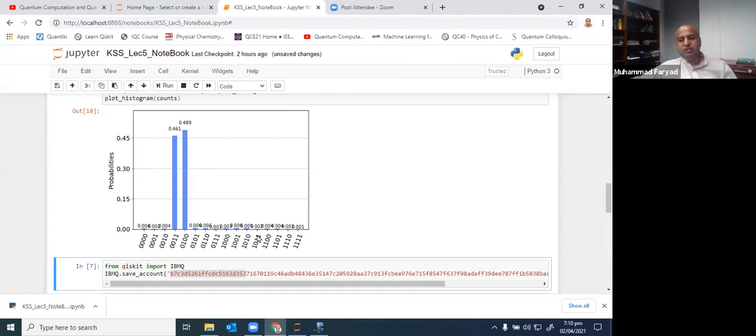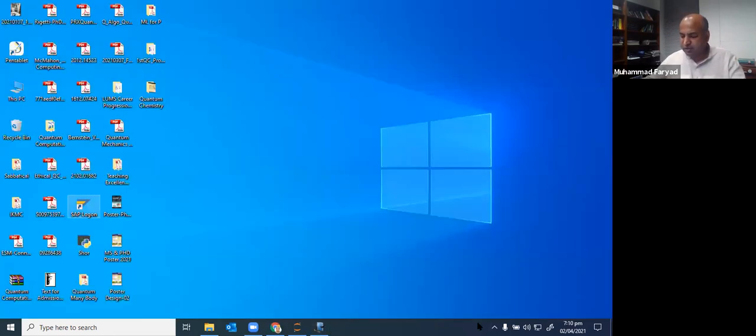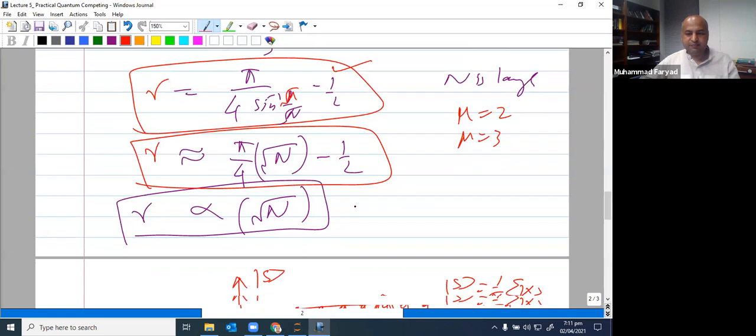And you see, even though this is a simulator, I'm still getting non-zero probabilities for other states. And that is because, let me show this, in Grover's algorithm there's no guarantee of getting to the final result with 100% probability.